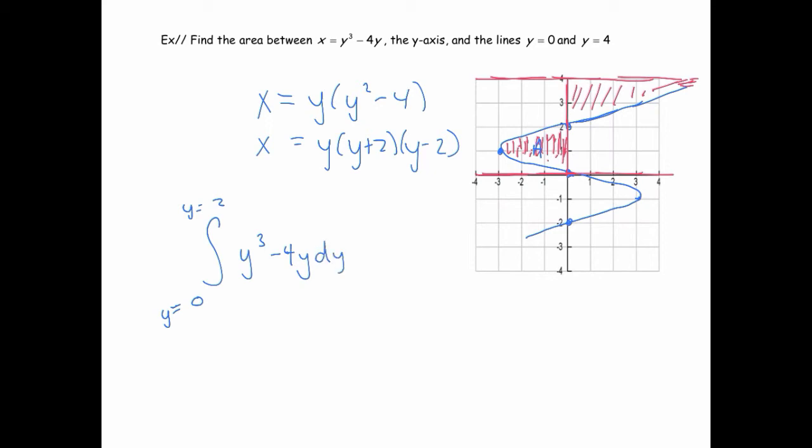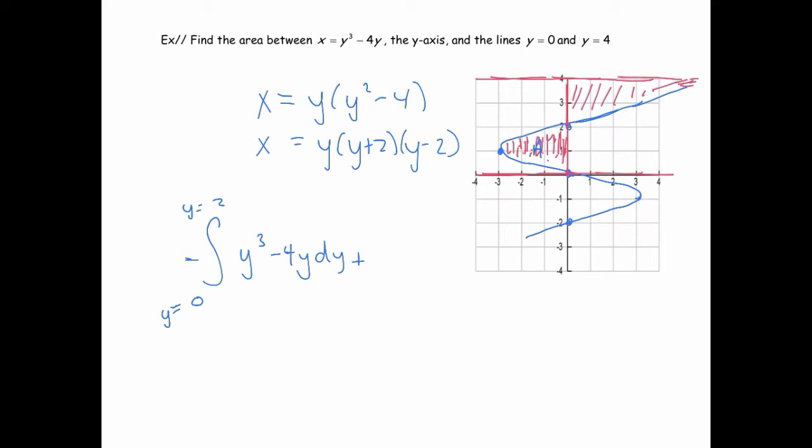Now careful, if you do that integral, that's actually going to return a negative value. Just like when we're integrating with respect to x, if your curve is below the x-axis, then that area will be counted negatively by the integral. Same thing here, it's just that the curve's not below the y-axis, it's to the left of the y-axis. So anytime the curve's to the left of the y-axis, that area is going to be counted as negative, so we have to fix that with a negative here.